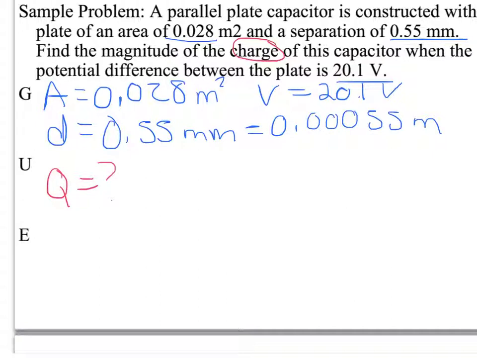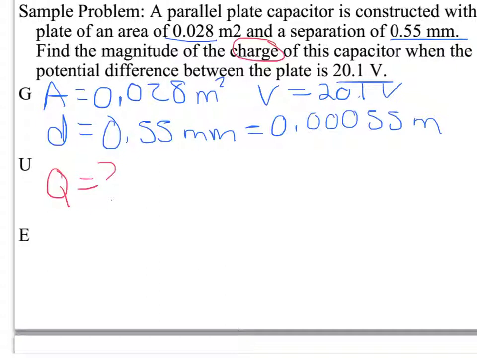As we look at our equation sheet, we see that there is not one exact equation to go straight from this given information to the charge. That means this problem is going to require more than one step. Remember, it's easier to take the stairs to get to the second floor than it is to try and jump in a second-story window.